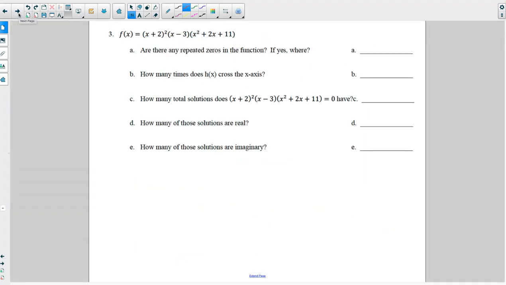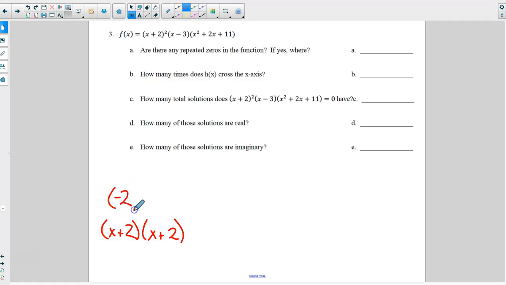All right, number 3. So this one's a little bit tricky, but it's really not. I'm going to do the same thing I did on the last problem. I'm going to expand it out just a little bit. So I have x plus 2 squared. Realize that that just means this. What's my x-intercept from that?